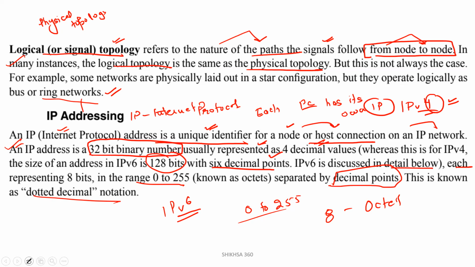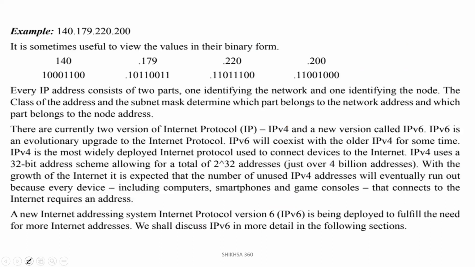So now let's discuss a few points regarding that. Like here, there is one example: 140.179.220.200.